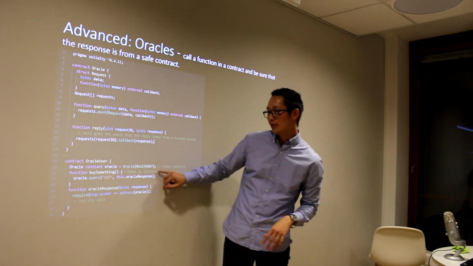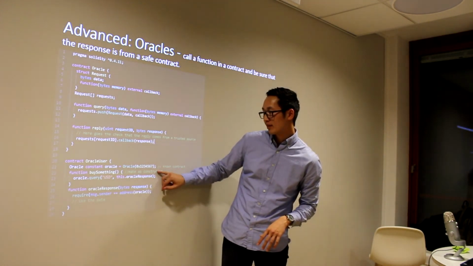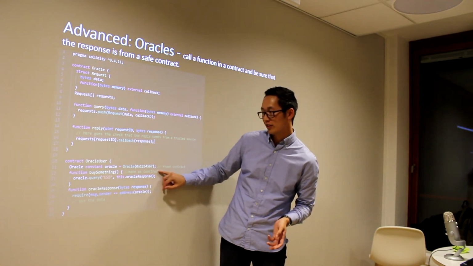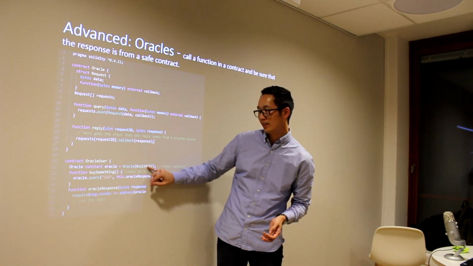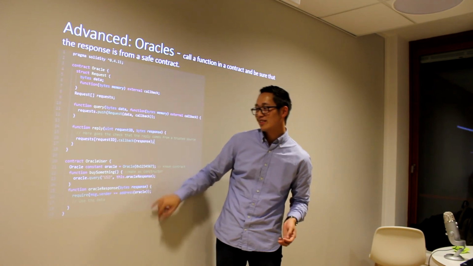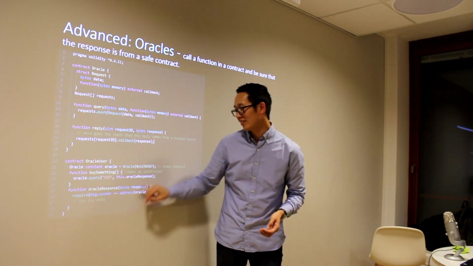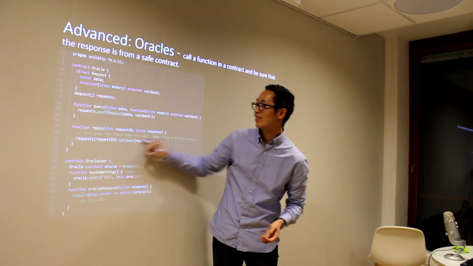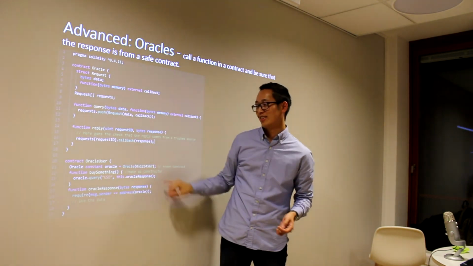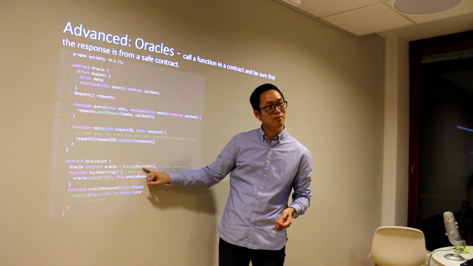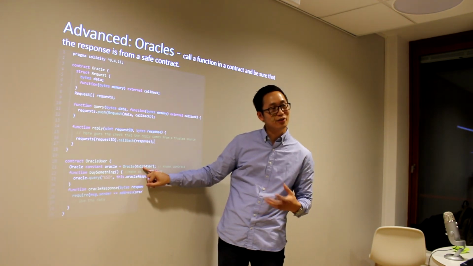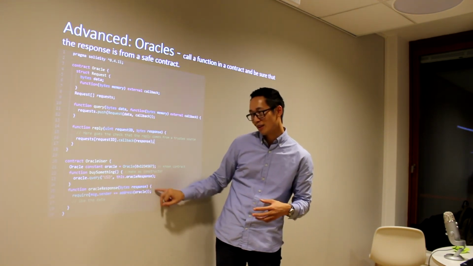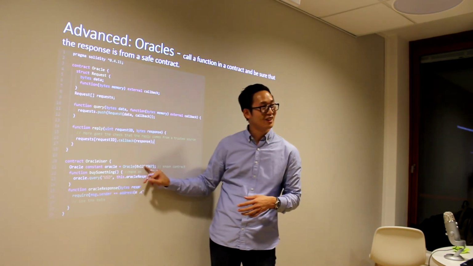You can actually write a constructor to set this address, but the person who wrote this already knows that it will always be this contract that is trusted. But you can do a constructor, or you can make a function that changes who you trust.